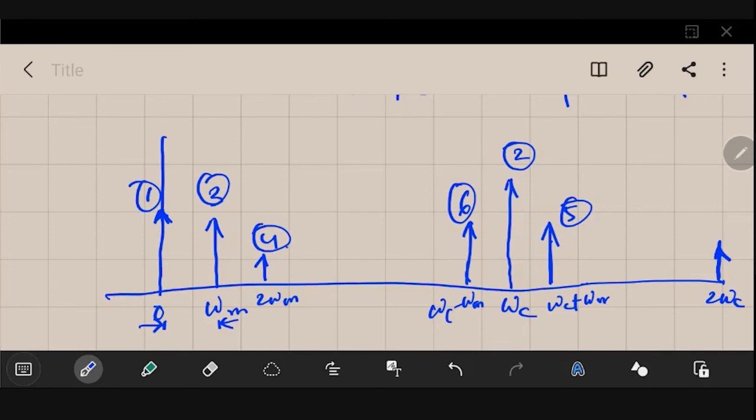Now, using that tuned circuit, obviously we will be passing a few components and blocking a few components. So the ones I am showing in green will be passed. The filter's response will be something like this, and only these frequency components will pass. Now you must be understanding why we are taking these 3 components.